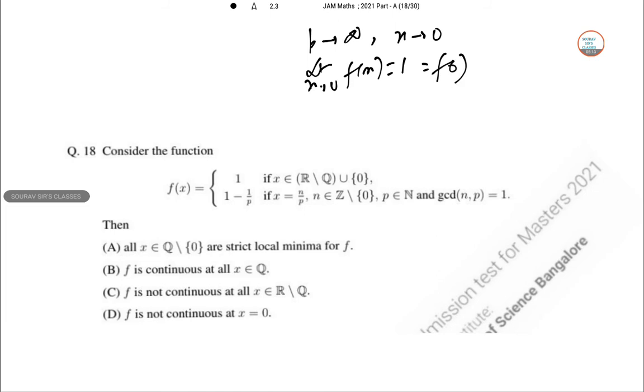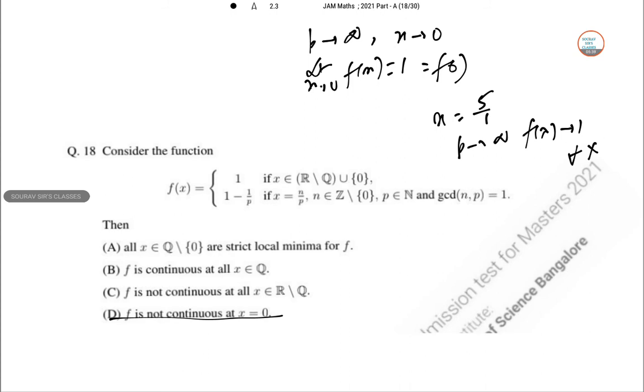As a result of that, this is becoming wrong. Next, if we take x equal to 5 by p, so p tends to infinity, f(x) tends to 1, for all values of x.